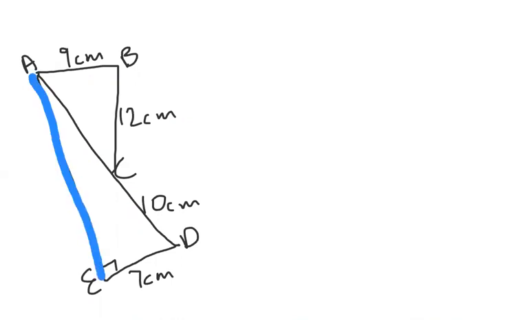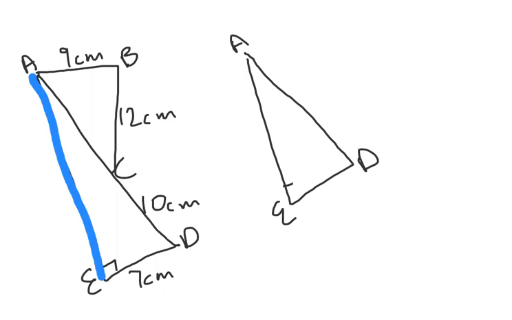But now we have to ask ourselves, let's draw this separately. I'm going to draw it over here, just this triangle. Can you see the triangle? So there's your A, here's your E, there's your D, there's the 90, and that's 7.